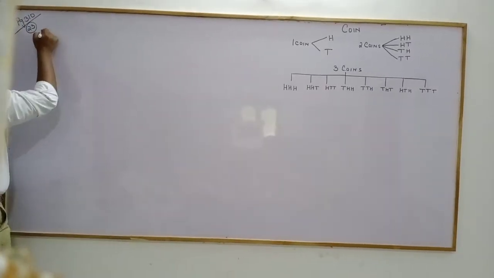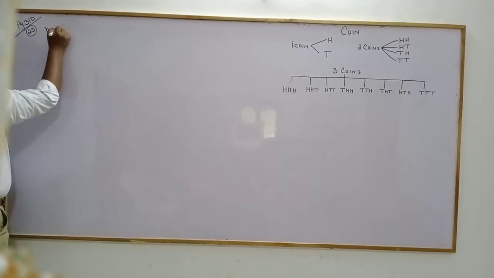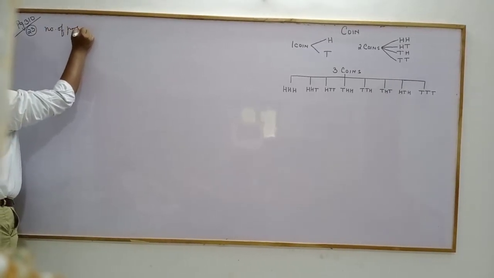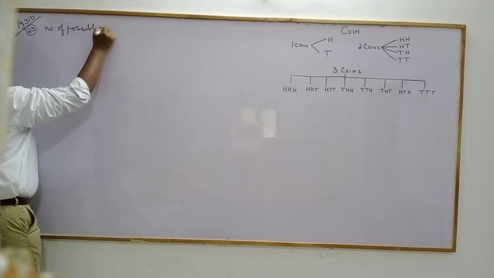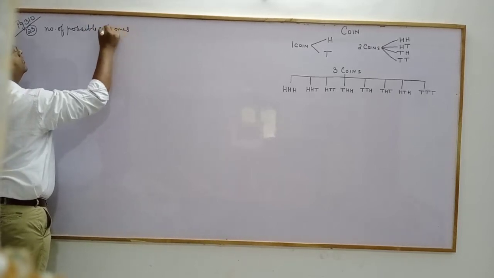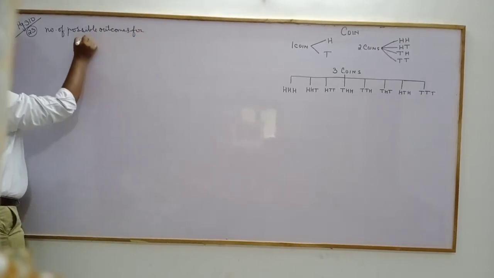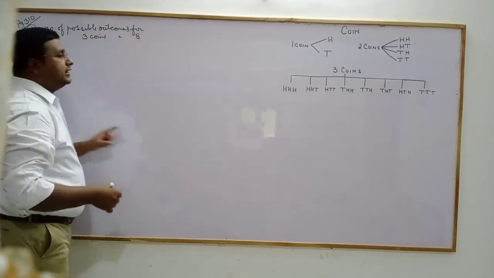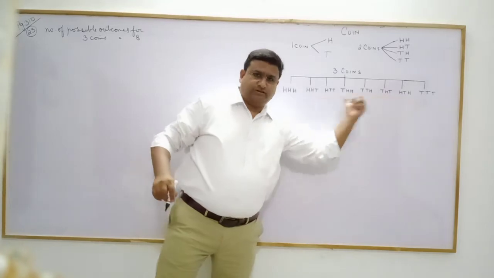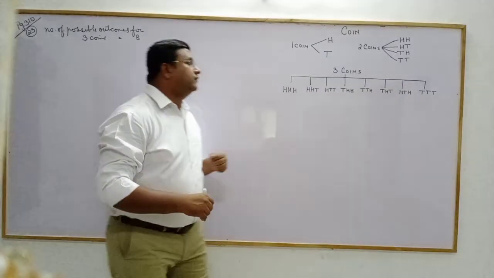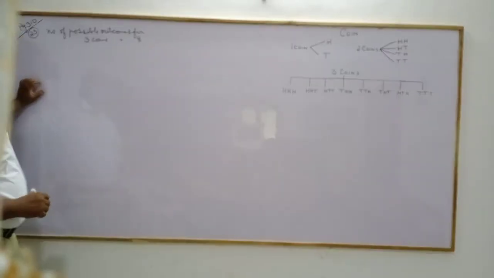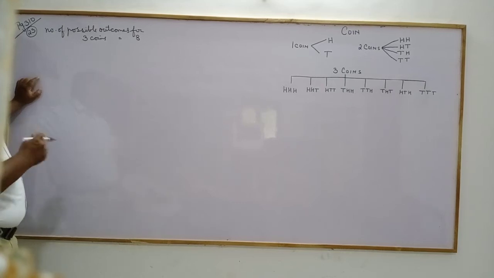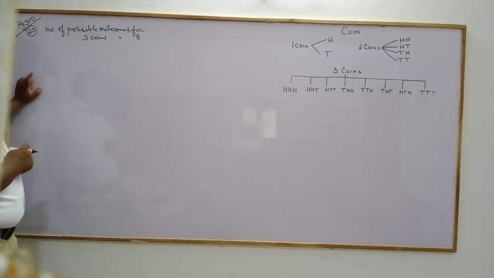So first of all, the number of possible outcomes for 3 coins is how many outcomes? 8 outcomes. Can you see these 8 outcomes? Yes, out of these outcomes, Hanif will win when all 3 coins give the same result.